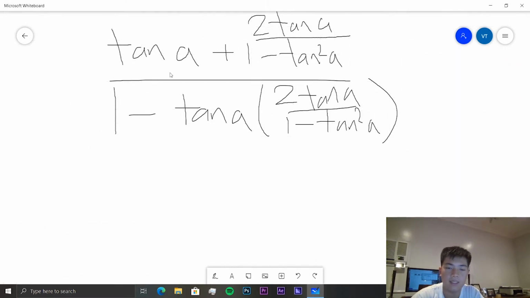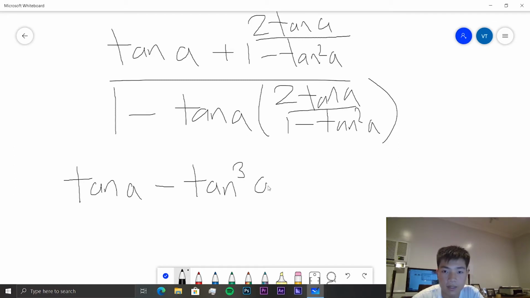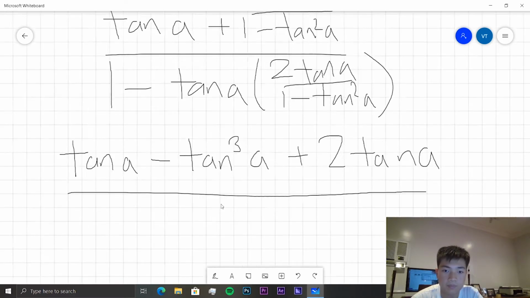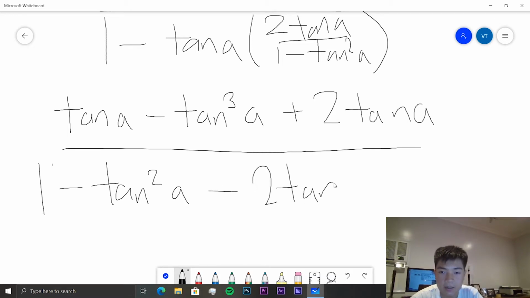So let's put this into the fraction, and this as well, I guess. Or I mean, we can just multiply everything by 1 minus tan squared a. So we have tan a minus tan cubed a plus 2 tan a, all over 1 minus tan squared a minus 2 tan squared a.